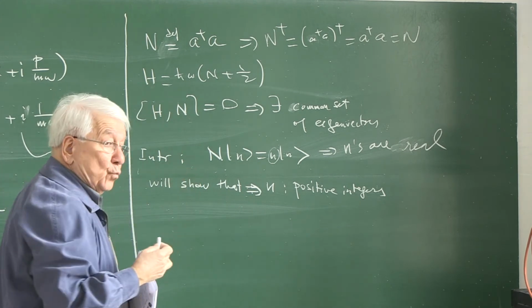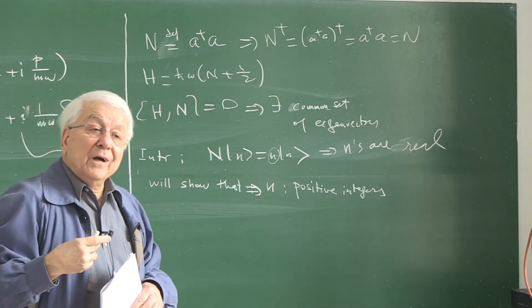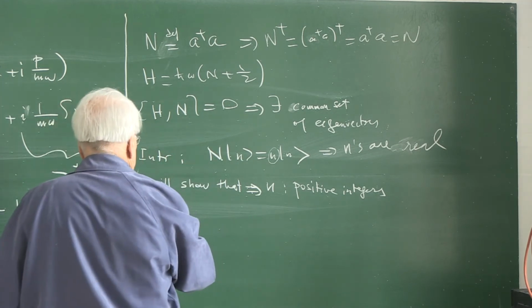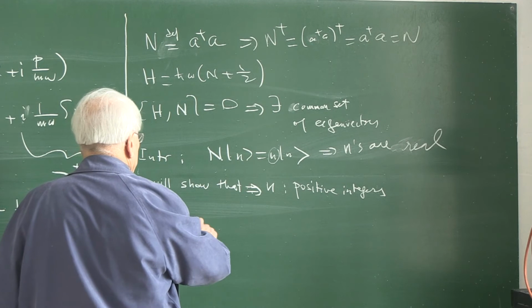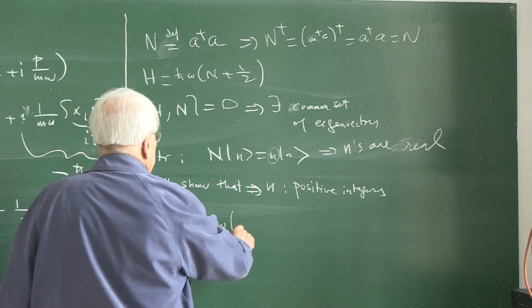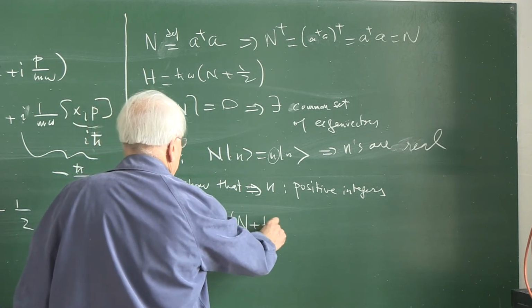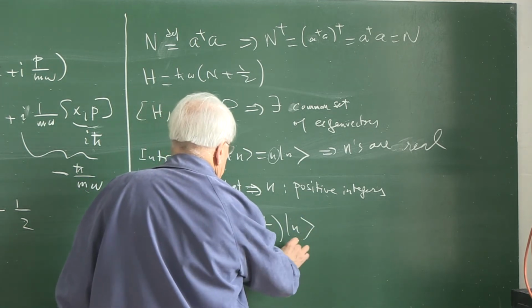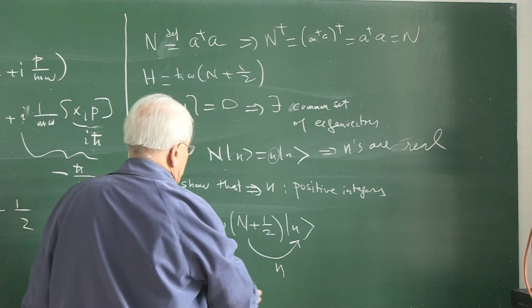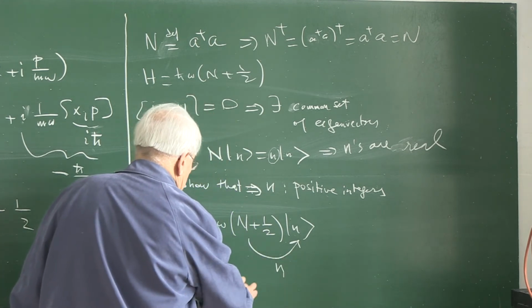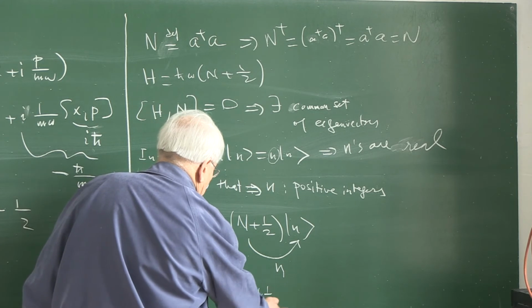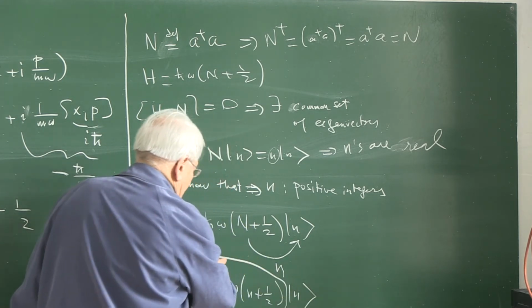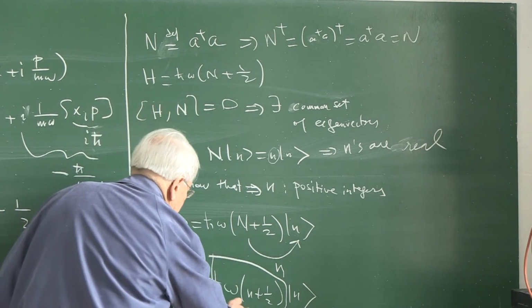To understand what the corresponding eigenvalues for H are in the same eigenvector basis, we take H and act on |n>, which is h bar omega (N plus a half), right, acting on |n>. This gives you n. Therefore, this (n plus a half) times |n> gives these, the energy eigenvalues.